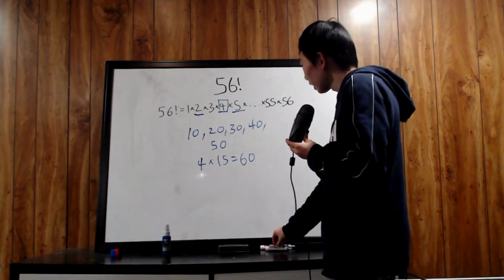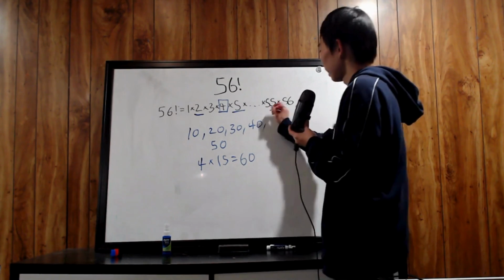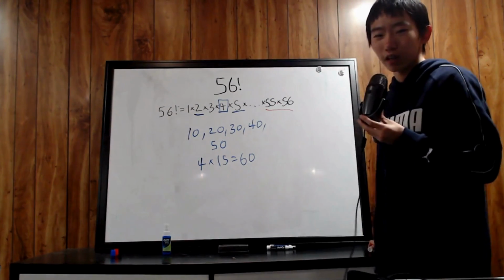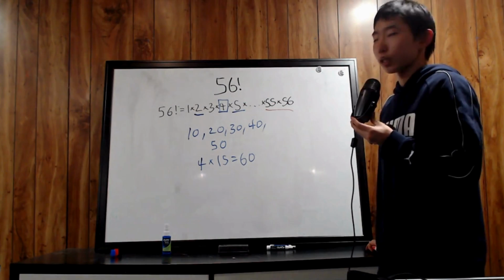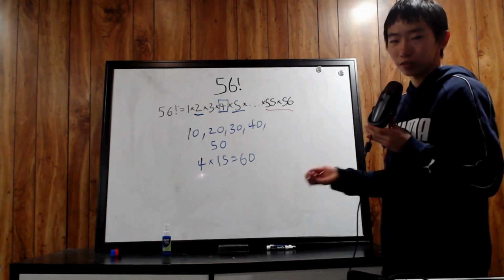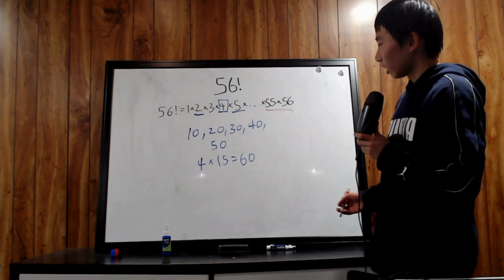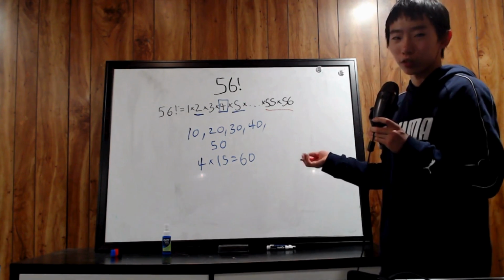In fact, if you actually take 55 times 56, this will also give another factor of 10, because the product of 55 times 56 will give a number that has at least one factor of 10. And those are just maybe some of the cases that we've only considered so far.